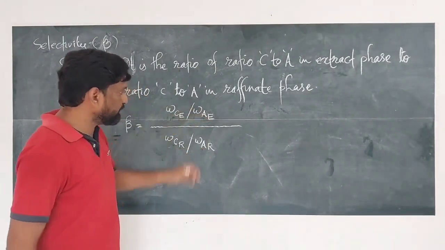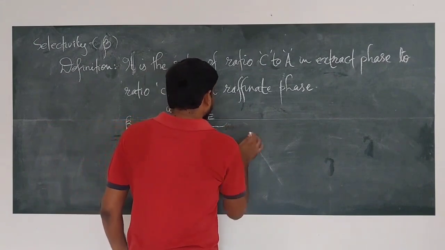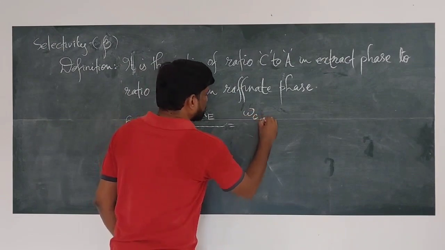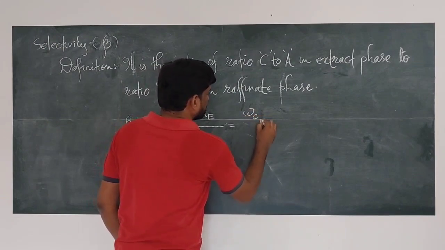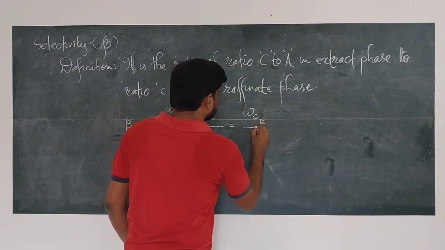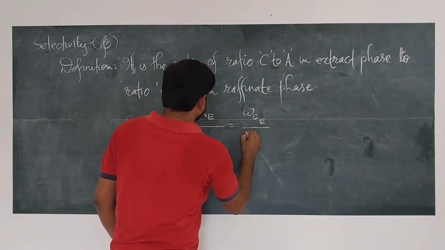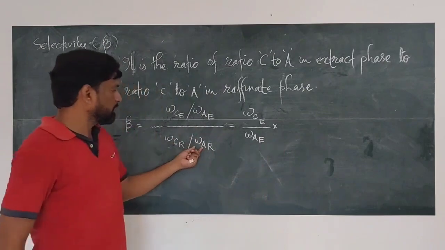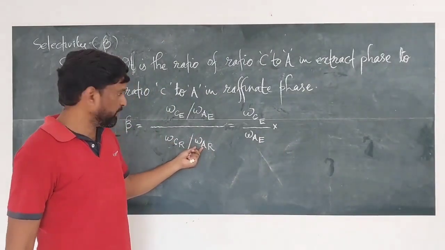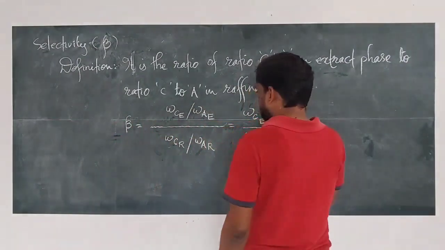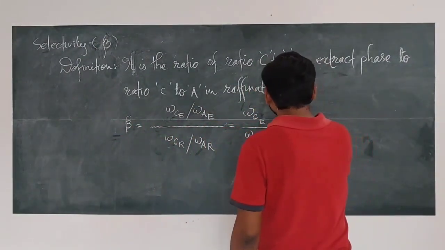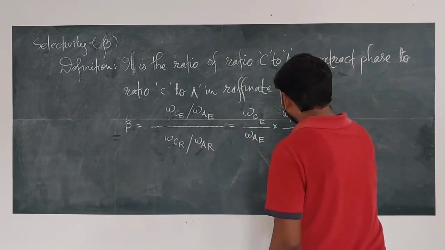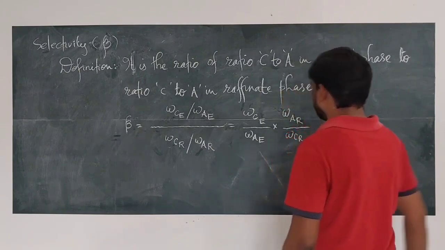So if we simplify this, this would give you WC extract phase divided by WA extract phase, multiplied by, now this denominator would become numerator, so it would become WAR upon WCR.